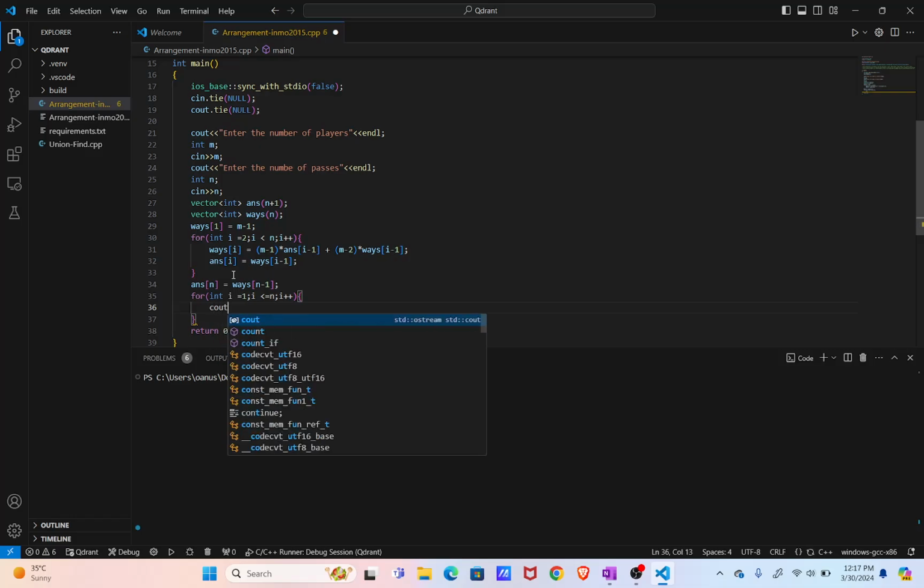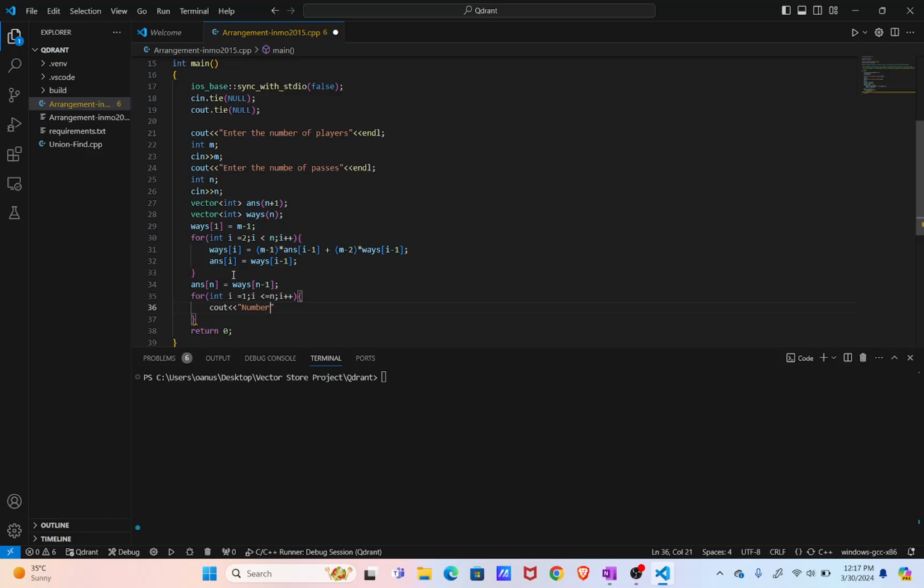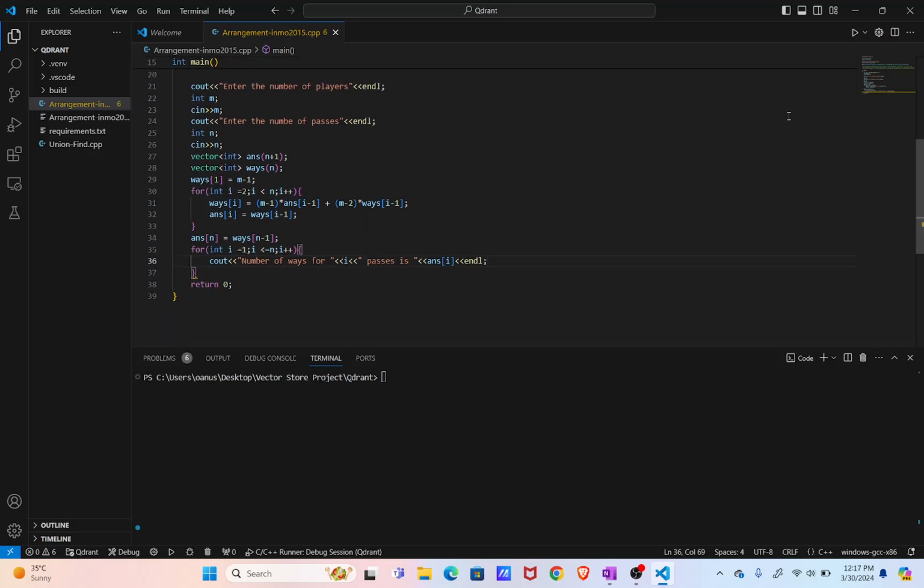I can write something like cout "number of ways for I passes is", and I can print answer of 5. I think this should be it. Let's try to run this.